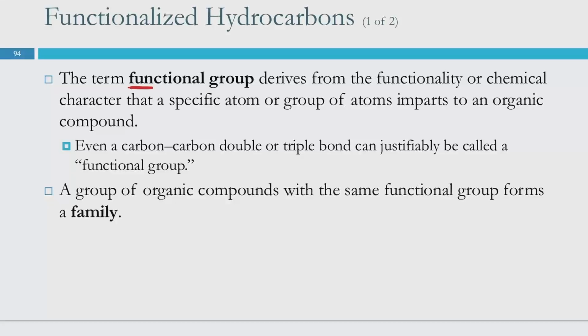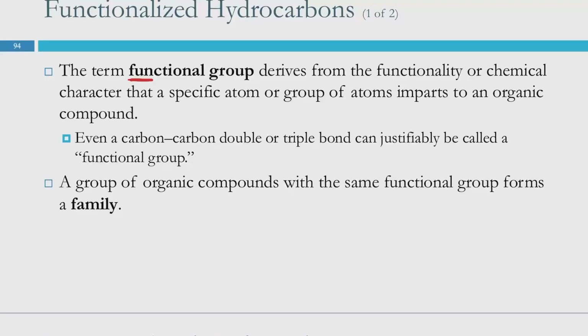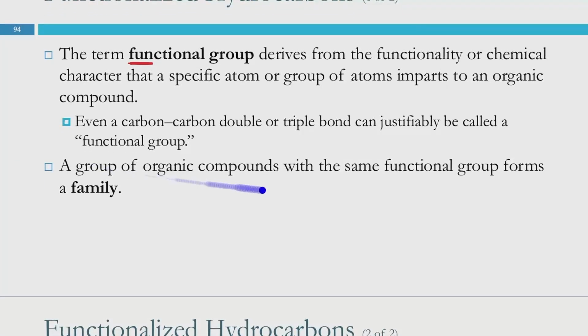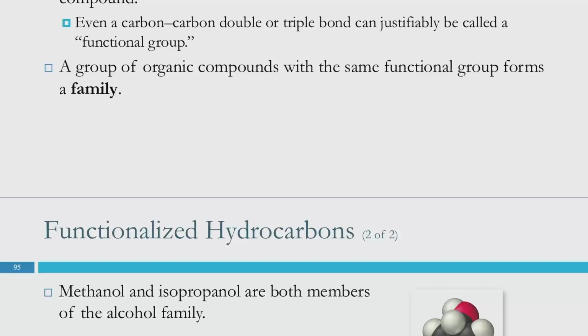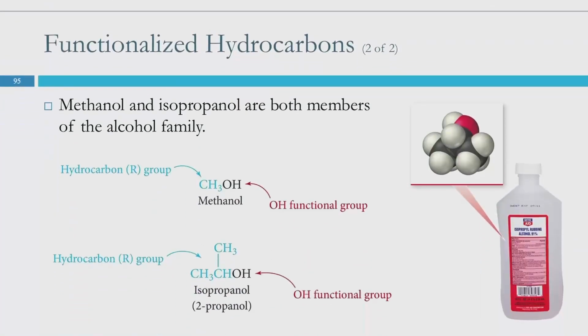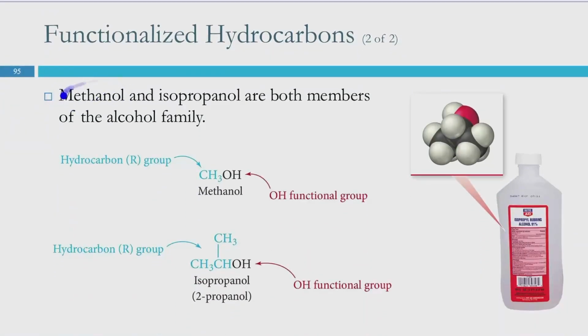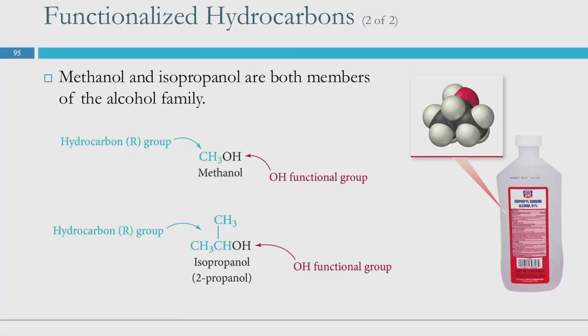Sometimes you might see double or triple bonds called functional groups because they also change the way that the compound behaves. A group of organic compounds that have the same functional group in common forms a family of organic compounds. For example, methanol and isopropanol are both members of the alcohol family. They both have alcohols in them.